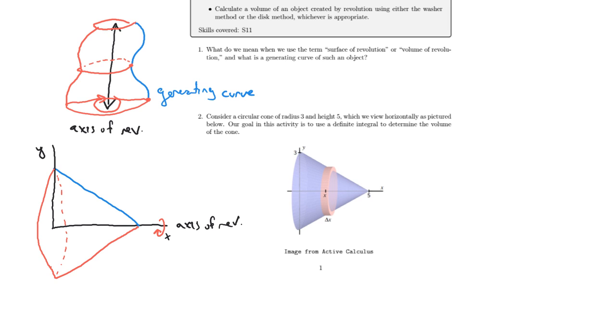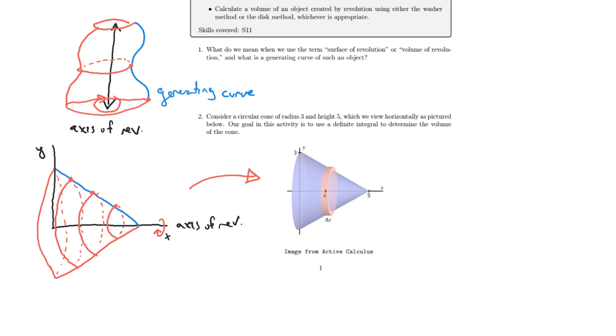To be clear, every single point on this original curve is getting revolved around the x-axis, ultimately creating the cone that we see in front of us, aka this cone over here.